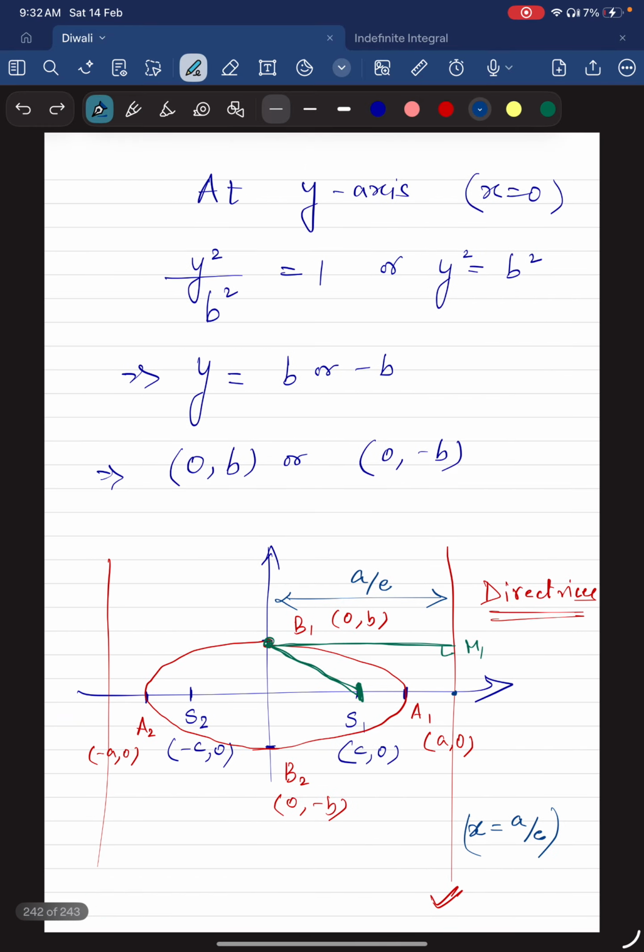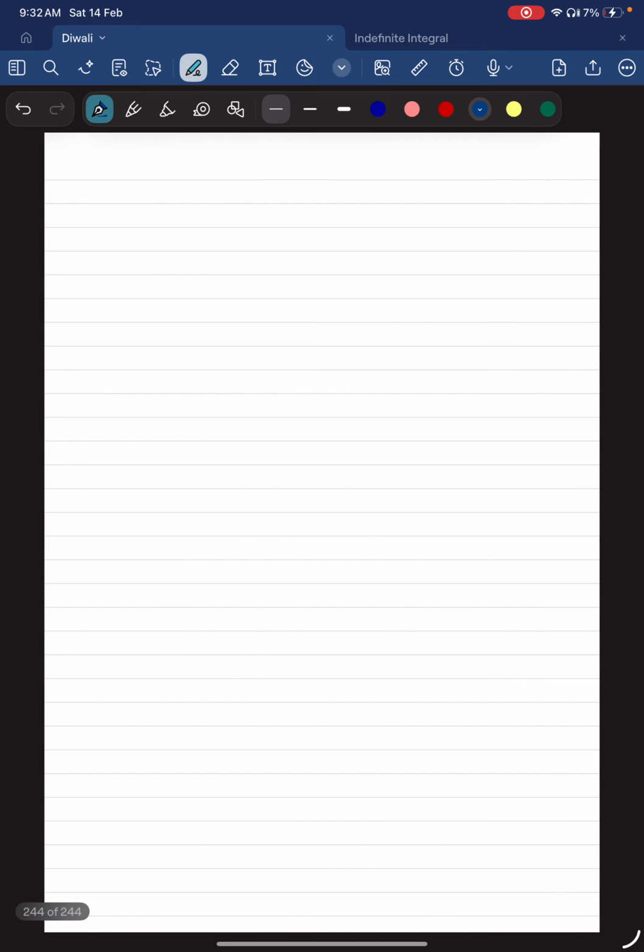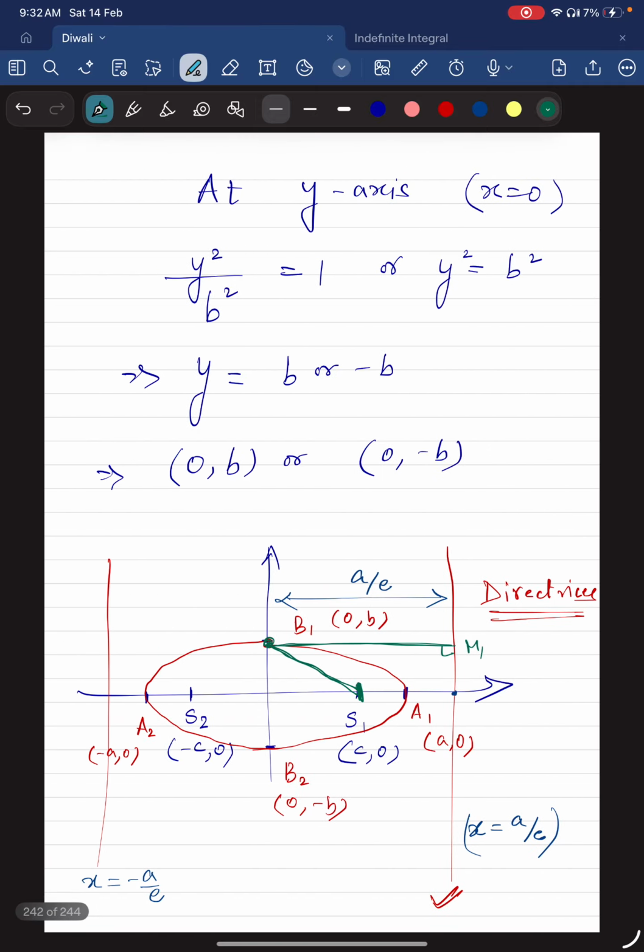Clear? So this equation of directrix would be x is equal to A by E, and this equation of directrix would be x is equal to minus A by E, as it is on the left side. Okay. So now, with respect to point A1, that is vertex A1, I'm going to do the similar thing.